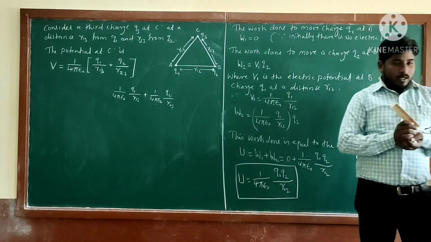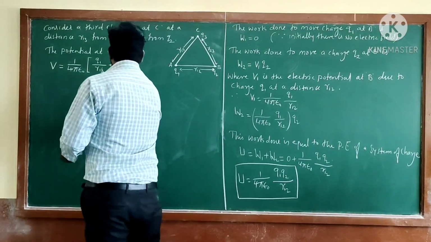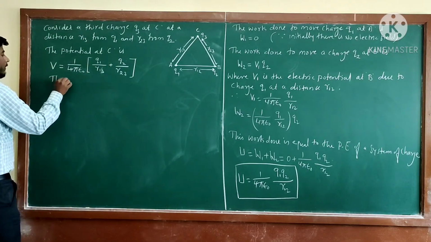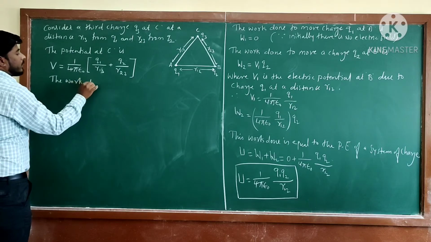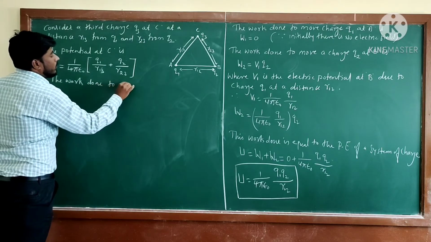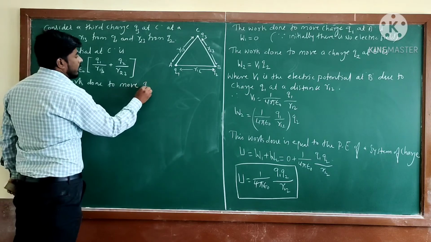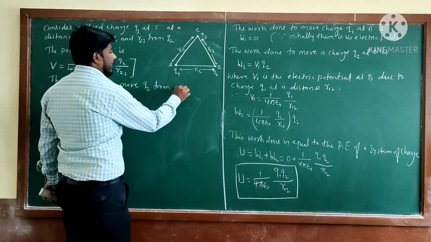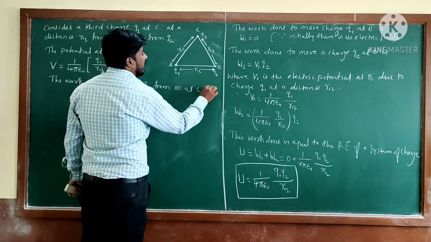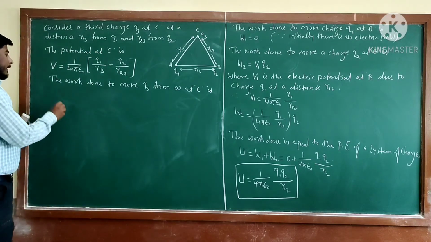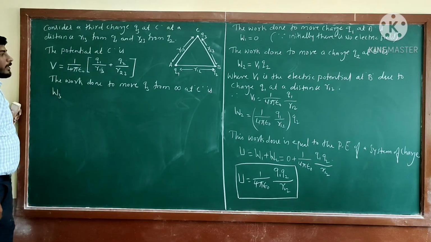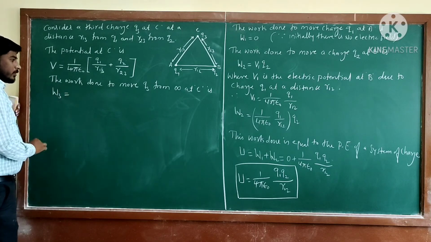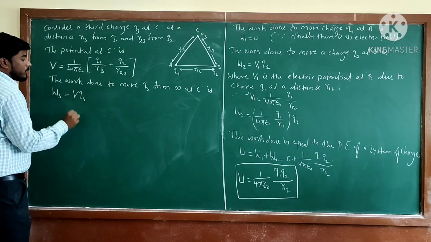So here the work done to move Q3 from infinity to C, I will call as W3. So W3 is equal to V into Q3.